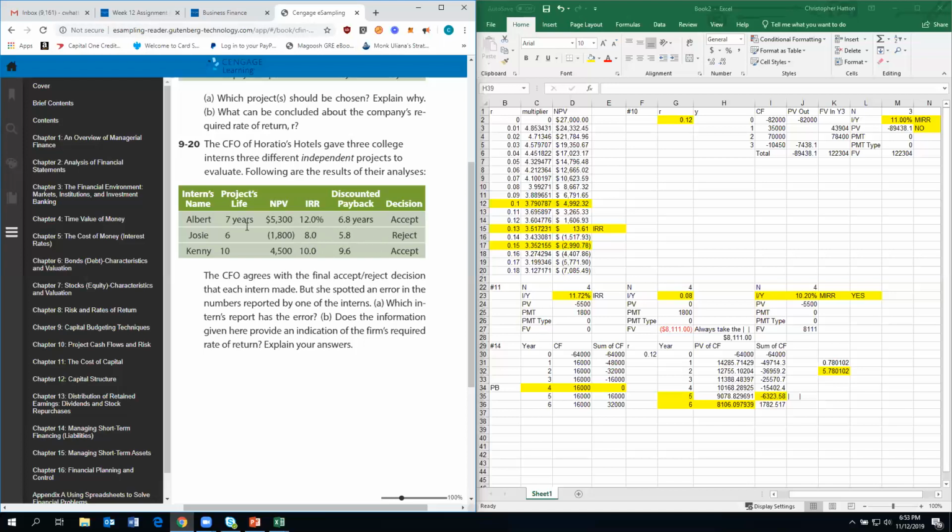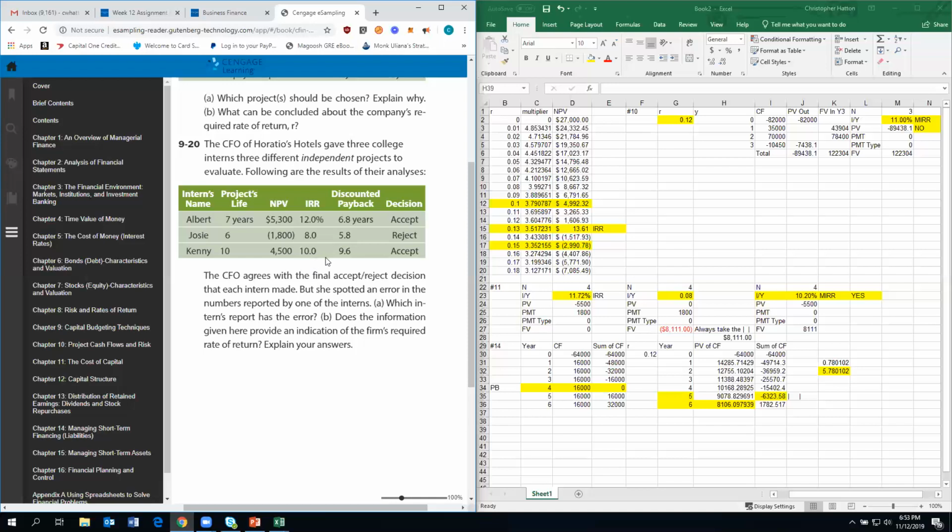Given the error in discounted payback, we know that this number is correct and this number is correct. So what we can conclude is that our required rate of return is between 8% and 10%. That's what we can conclude from the data.